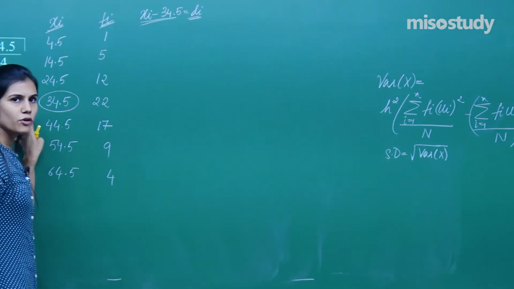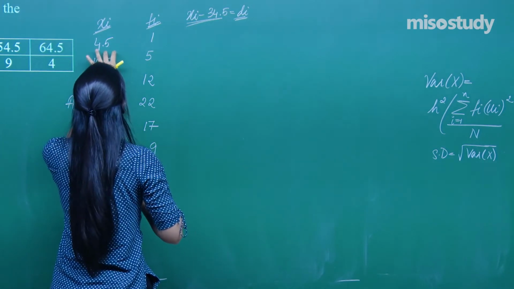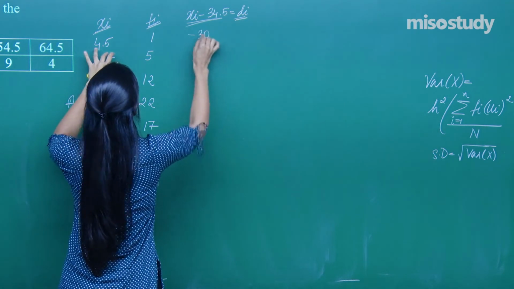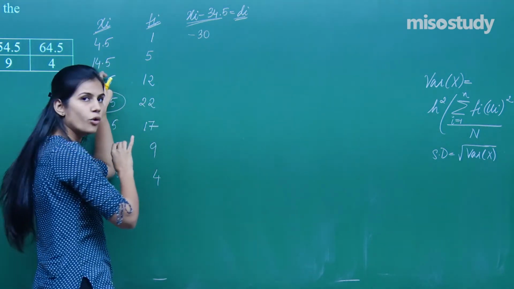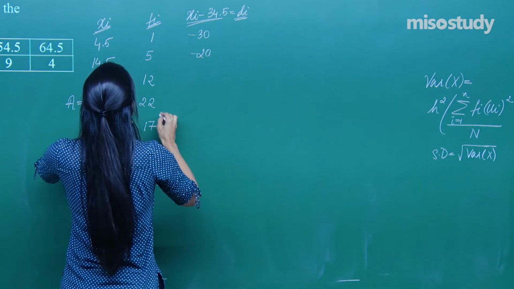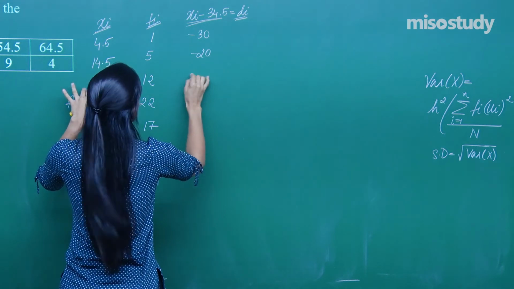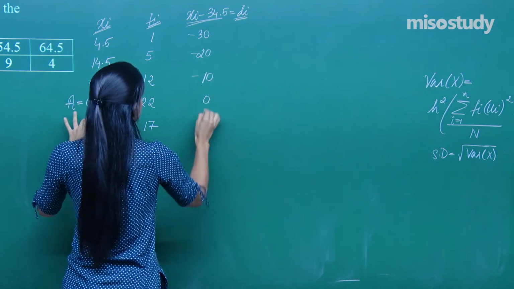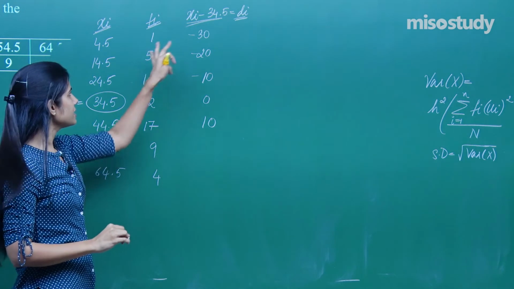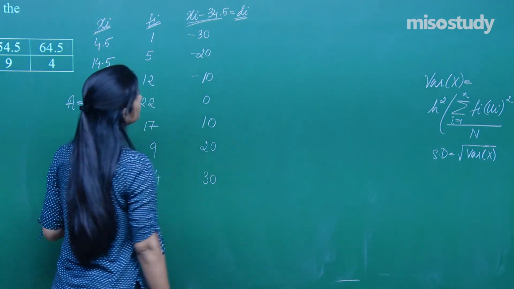Right now I have taken 34.5 as my assumed mean. Calculate xi minus 34.5. 4.5 minus 34.5 gives me minus 30. Then 14.5 minus 34.5 gives me minus 20. Then I have minus 10, then 0, then 10, because 44.5 minus 34.5 gives me 10, then here 20 and then here 30.